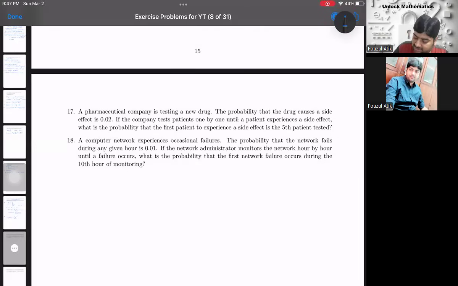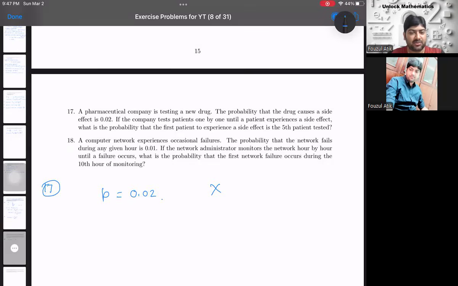So what is this probability? Probability of success is 0.02, and suppose x is a random variable which counts the number of patients tested until the first side effect. So you will do the trial until a patient gets the side effect. That means until you get a success.